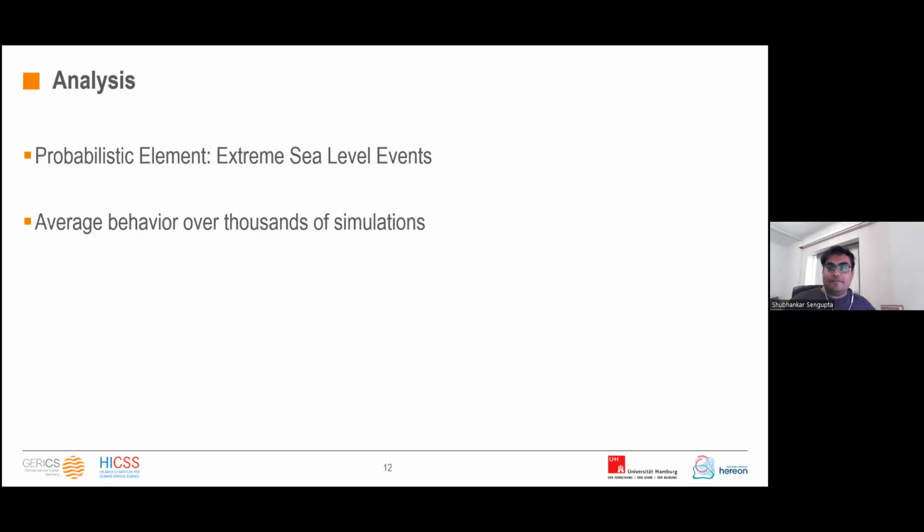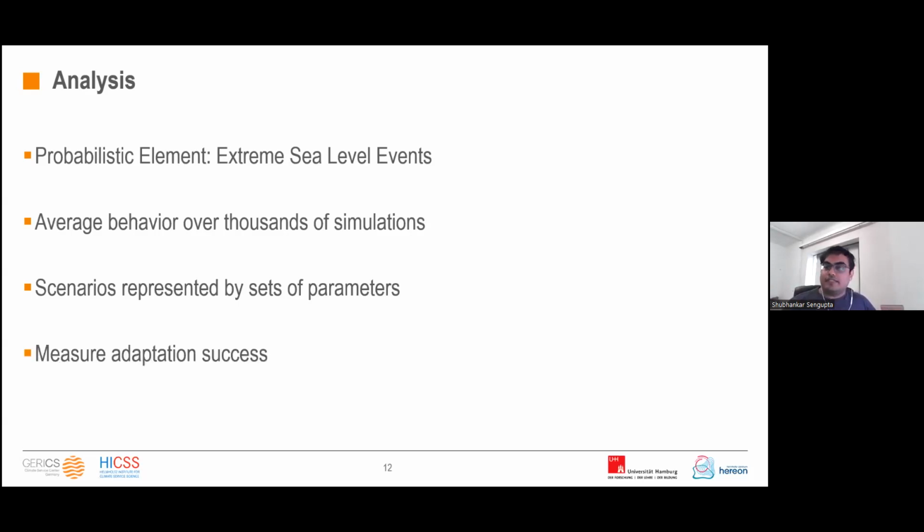Due to this element, every simulation is essentially different, so the practice is to study generalized average behavior over a number of simulations. For the purposes of analysis, we construct various scenarios, which are represented as bundles of parameters that can represent different situations, such as faster sea level rise or slower investment shifts in the agent action. So we can see how the agent adapts differently in each case and how successful it is.